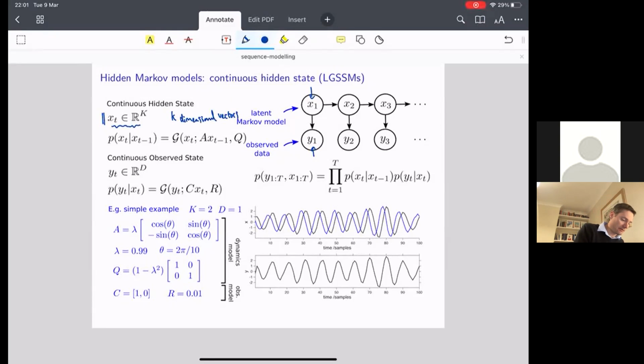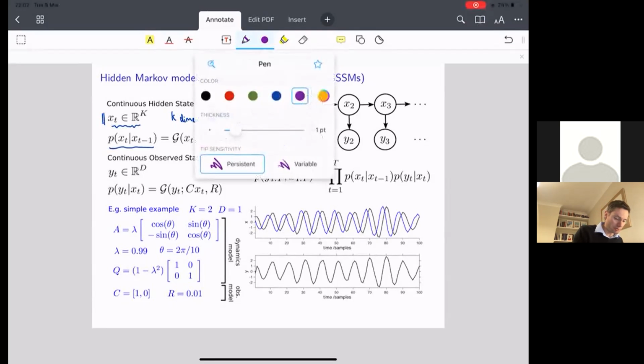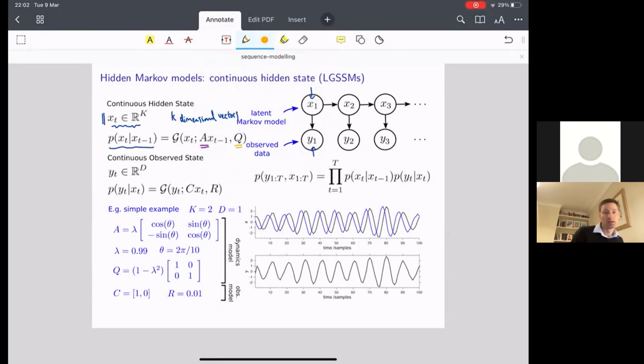So here is the expression for that. We assume that the rule for transitioning from x_{t-1} to x_t is given by a Gaussian distribution with a mean which is just a matrix A times the previous hidden state, and a matrix Q describing the correlated noise, which is possibly added to that mean value to corrupt it a little bit.